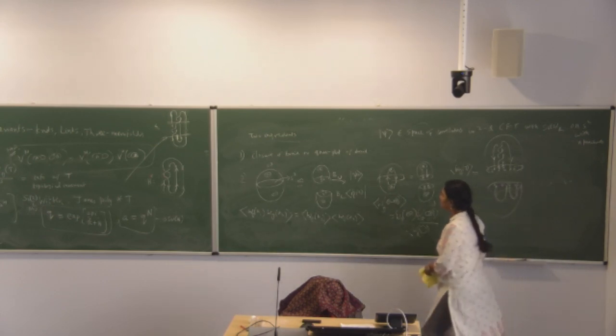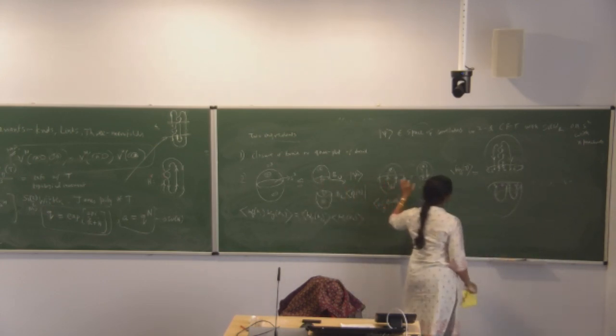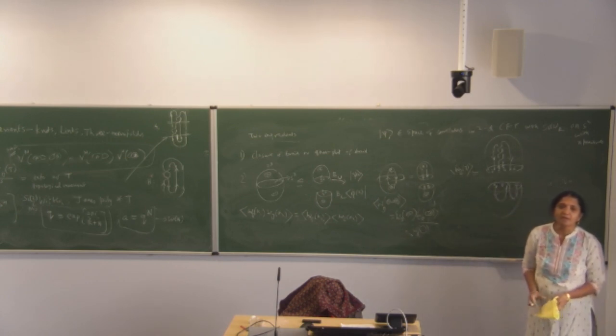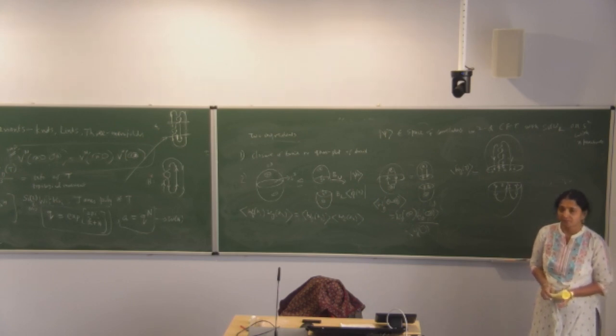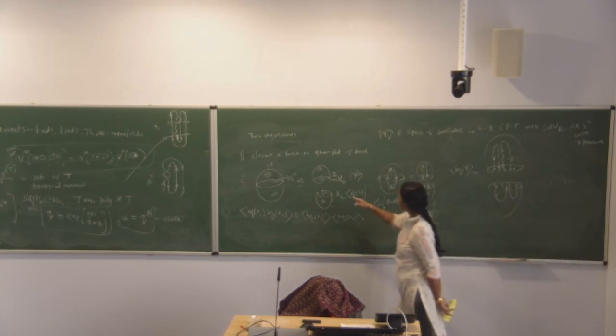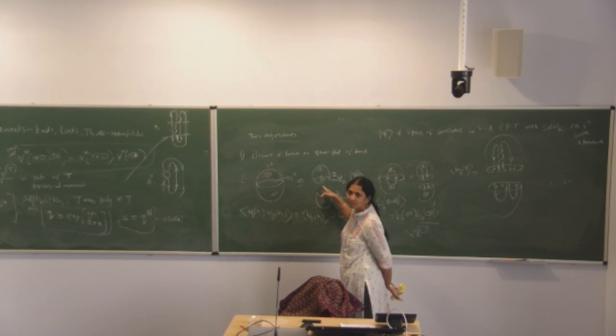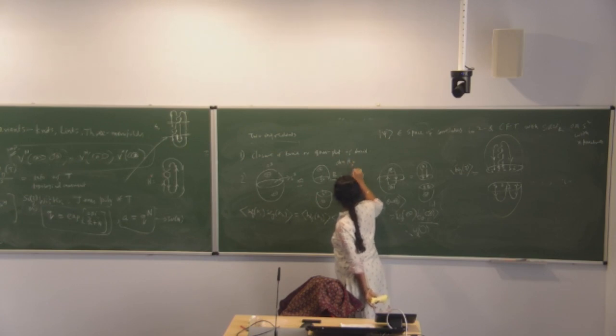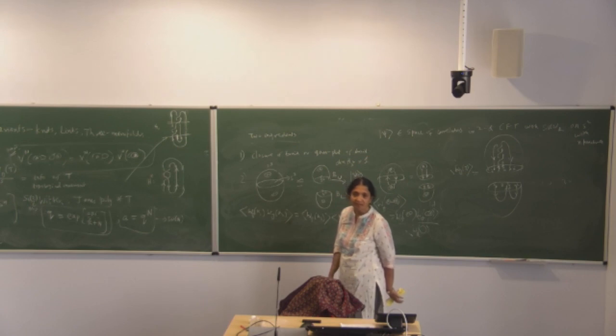Here the puncture number is 0, 2, 4. Depending on that, you can define the dimensionality of that vector space. The dimensionality of this vector space with no puncture on S2 is one dimension, trivial.